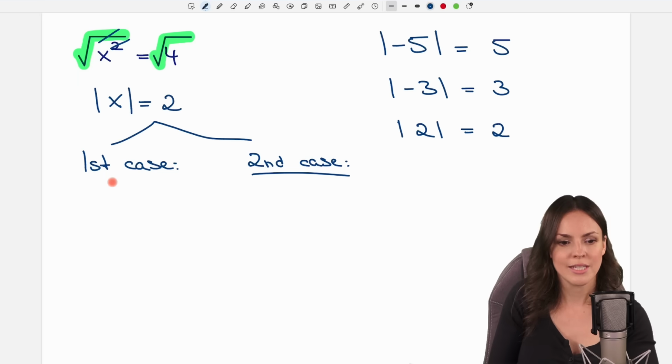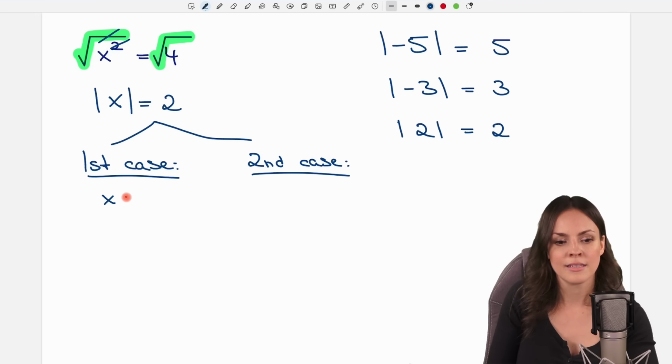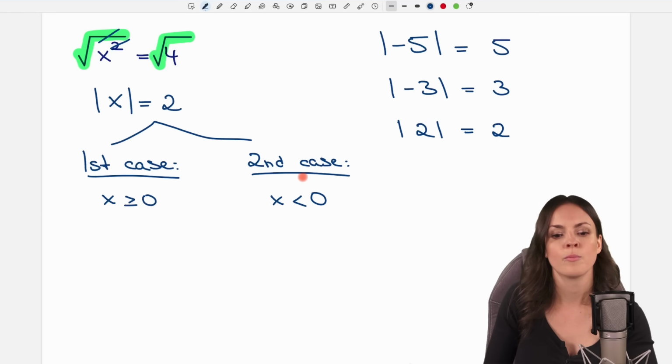The first case is if everything in my absolute value is already positive. So if my x is greater or equal to 0, this is what I take a look at in my first case. And the second case is the rest. So what happens if my x is going to be negative?